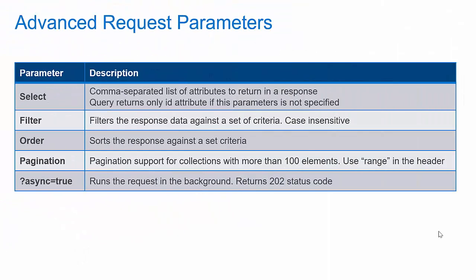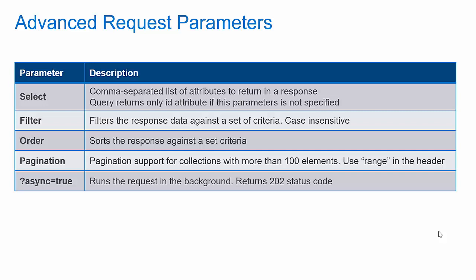The PowerStore REST API features the following parameters that allow you to modify the output of GET requests: select, filter, and order. These three together turn the API GET operations into a very powerful query language that developers can leverage to create automation workflows.